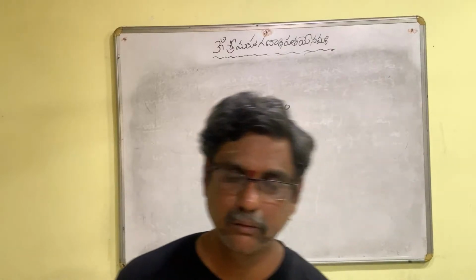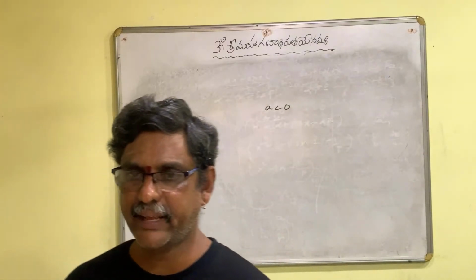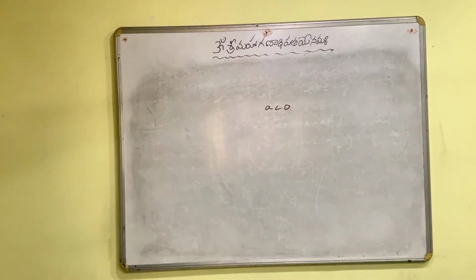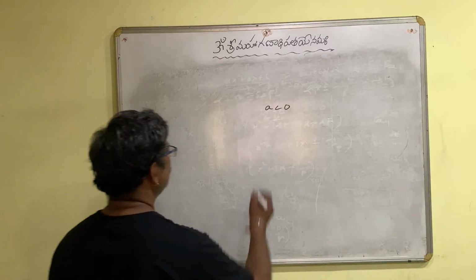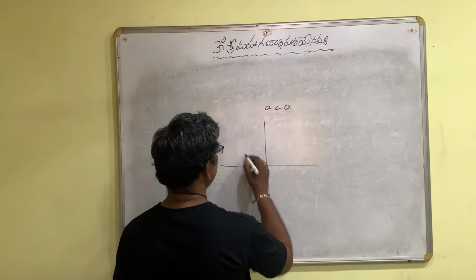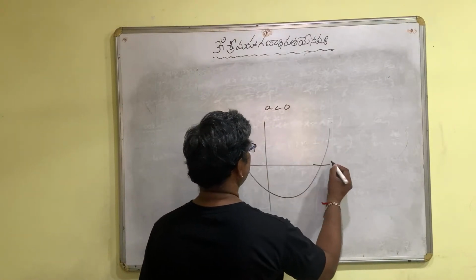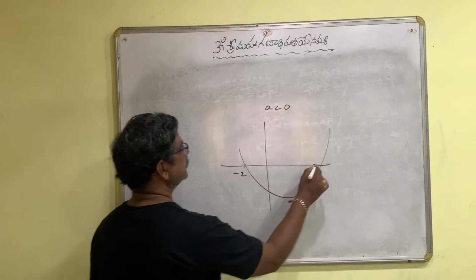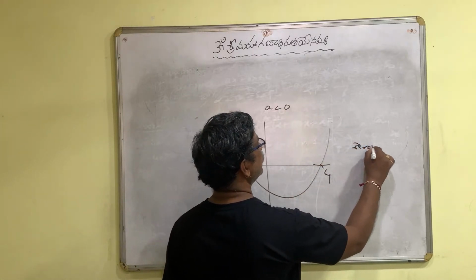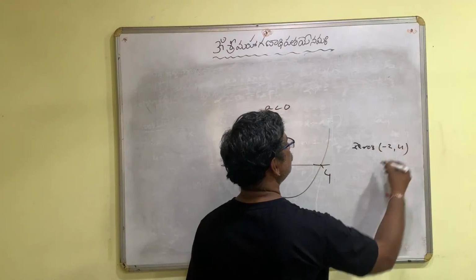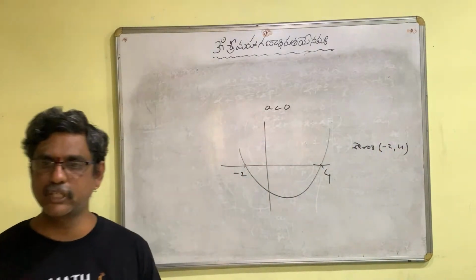Good. Where are they? The parabola touches the x-axis at -2 and 4. So what are the zeros? -2 and 4 are the zeros. Only 2 zeros.